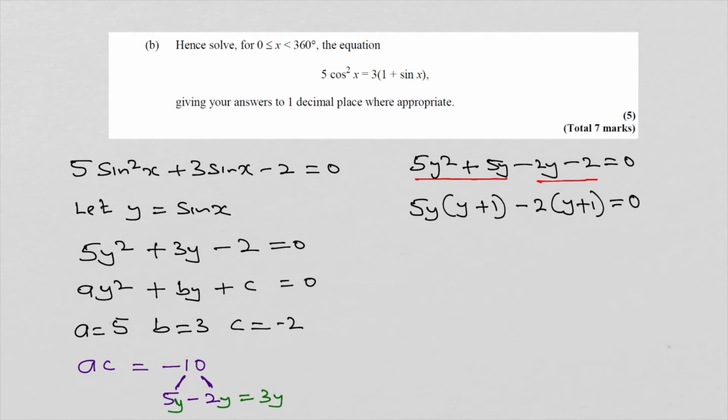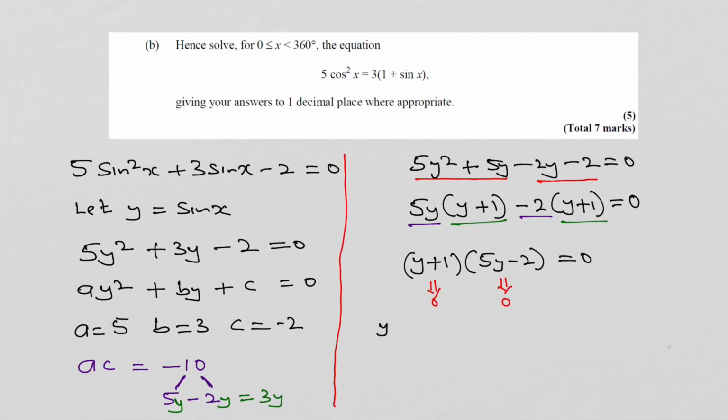Now there's another common factor here, and then what's left is 5y minus 2. So y plus 1 is a common factor. So I get y plus 1 and 5y minus 2 equal to 0. So what I need to do is set that bracket to 0 and set that bracket to 0. y plus 1 equal to 0, y equals minus 1.